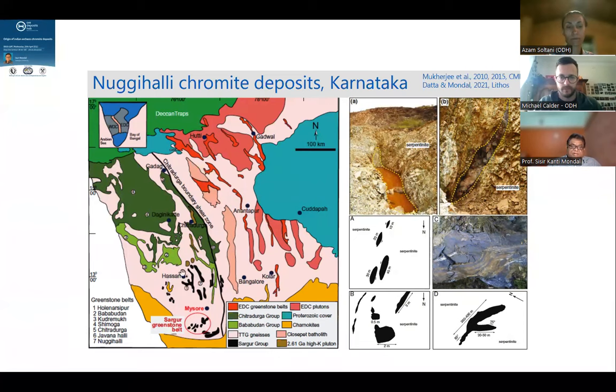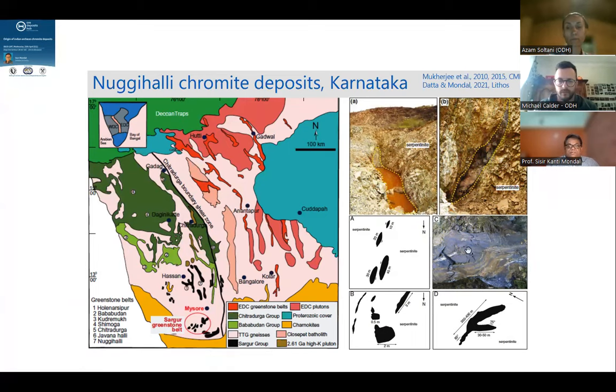In the Western Craton, we have similar kinds of early Archean to Mesoarchean greenstone belts, where in association with these greenstone belts, metavolcanic and metasedimentary rocks, we have plutonic ultramafic rocks, such as in the Sargur greenstone belt, and also in the Nuggihalli greenstone belt, we have this kind of chromitites, which are elliptical in shape, sometimes pod shaped. They are discordant to concordant bodies present within serpentinite, extensively serpentinized dunite peridotite rocks.